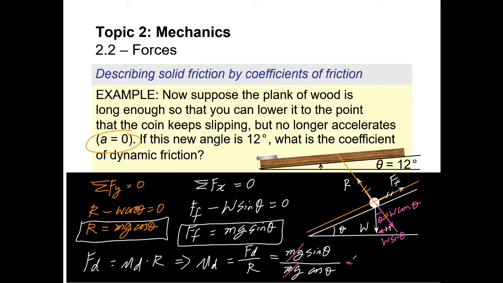That gives us sine theta over cosine theta, which is tan theta, and the angle is 12 degrees. So tan 12 degrees gives us 0.213. Therefore, the coefficient of dynamic friction between the metal of the coin and the wood of the plank is 0.213.